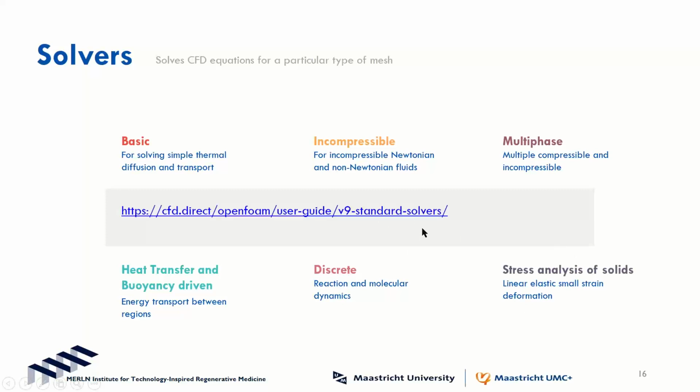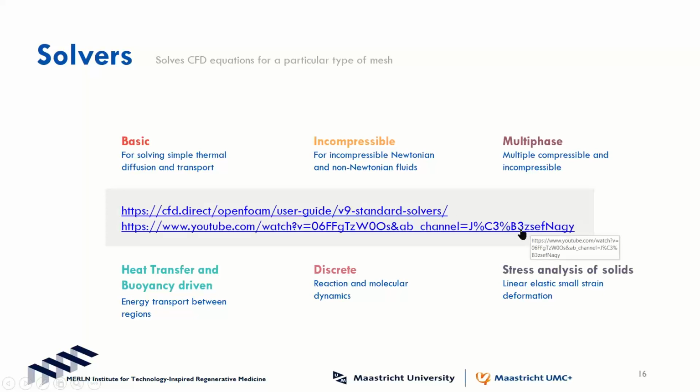For a description of all the solvers, of course, you have the guide. And then this is a resource where he explains how you decide on a solver, depending on what conditions you have and what you're trying to simulate. You can use this as a guide to decide what solver you should use.